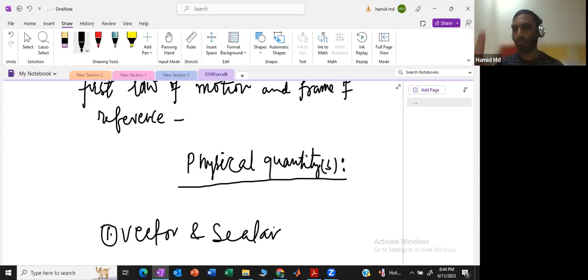Okay, that's your definition, but I am asking you to add one more thing about vector: it follows the vector addition rule. I'm going to tell you what the vector addition rule is. Just update your knowledge and write it down somewhere in your notes.